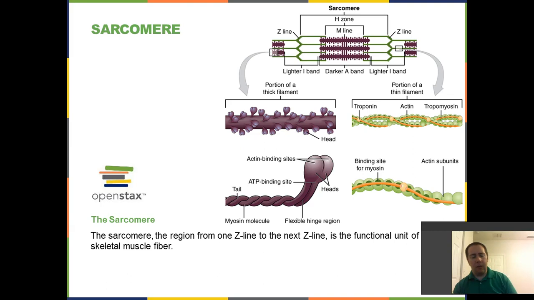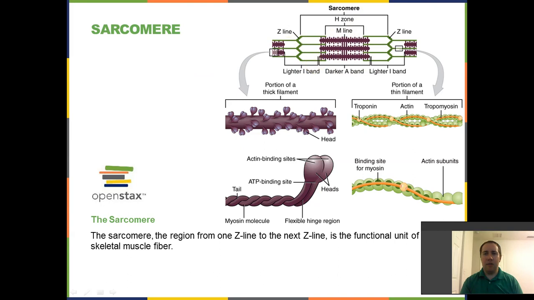Remember that skeletal muscle, we said, was striated. And we saw pictures of that light, dark, light, dark, light, dark. You were actually seeing sarcomeres when you looked at that. Where we have this thick filament, the purple part, that is going to be dark. Between the thick filaments is going to be the light part.